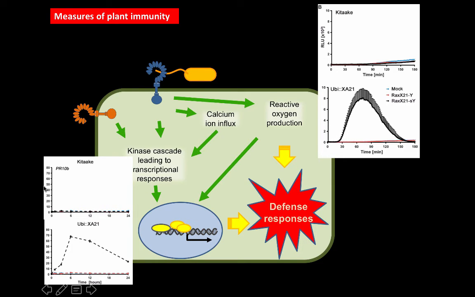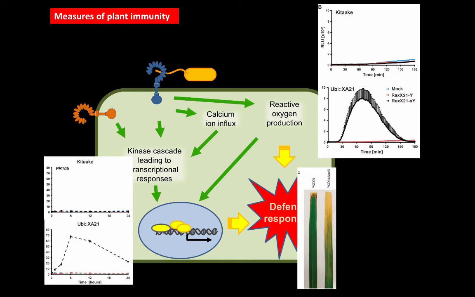And one of the very classical markers in plants is pathogenesis-related proteins, PR genes, in this case. And again, a rice variety which doesn't have the receptor is blind, and the rice variety which has the receptor actually recognizes the molecule if you just put it on it, by reprogramming of its genome. And this leads to defense outcome.